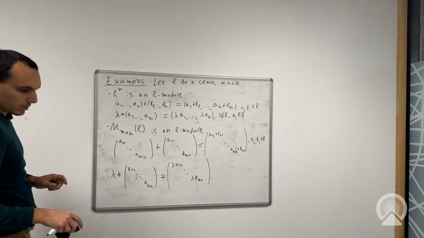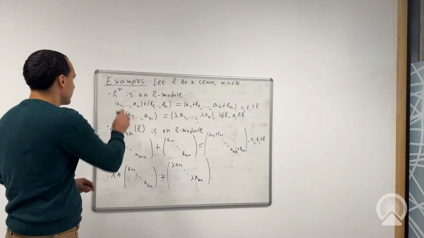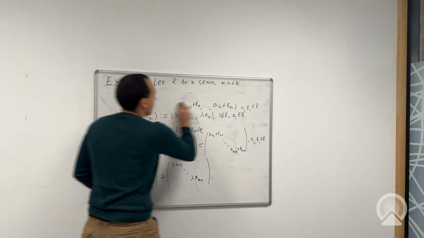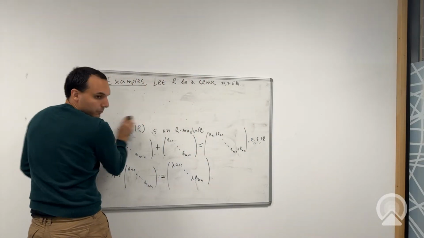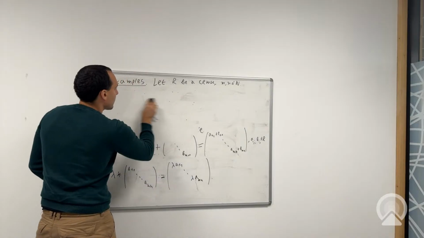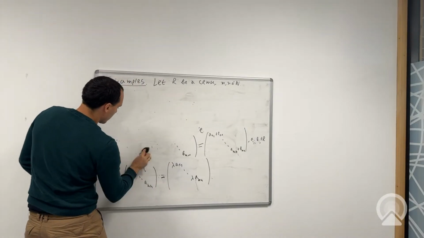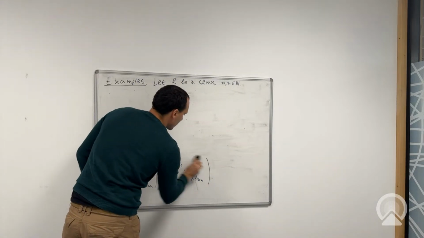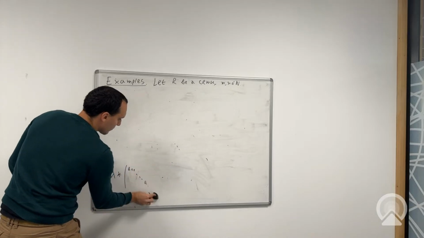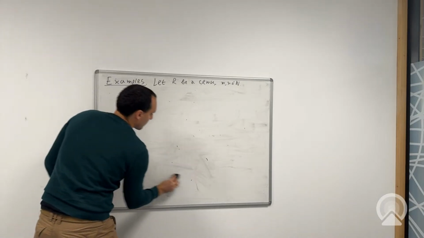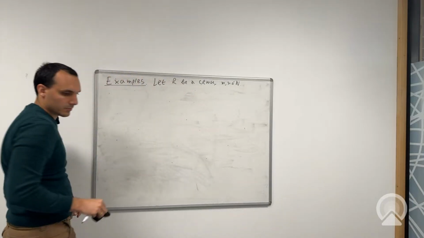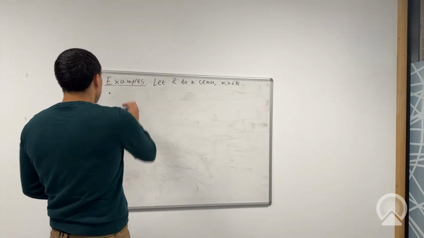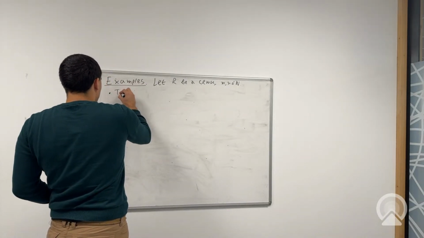So we have 2 examples for now. Let me give 2 more. So we have the zero ring, the zero vector space.